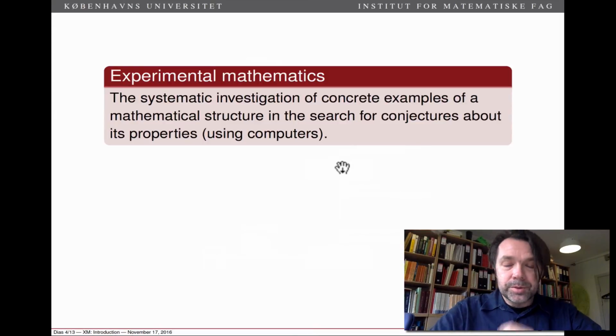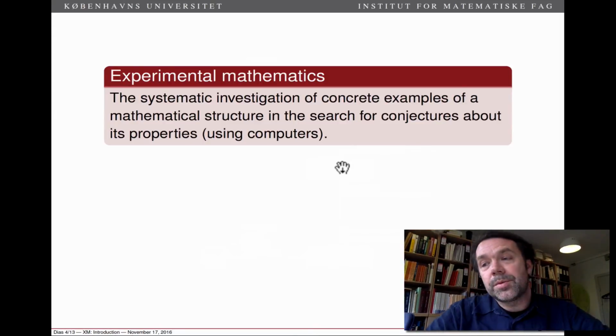But in a moment I'm going to show you examples that are much more traditional and predate computers by several hundred years. So I want to emphasize that the idea of experimental mathematics is certainly not new, and you might even say that there was a time in the history of mathematics where almost all new mathematics was experimental in nature.